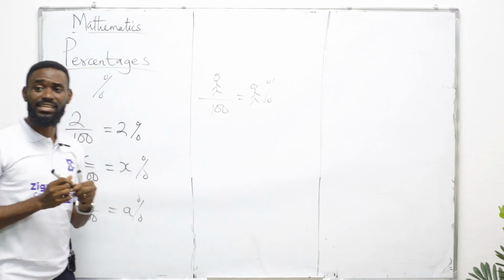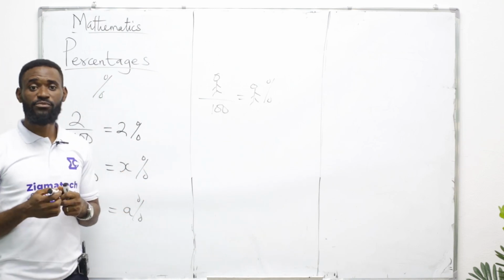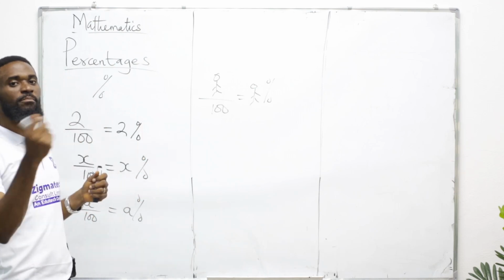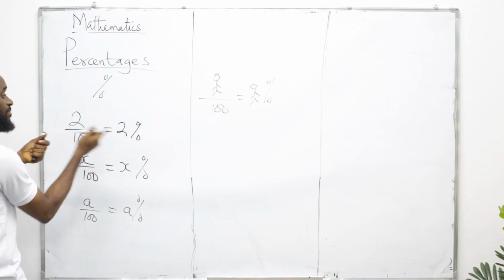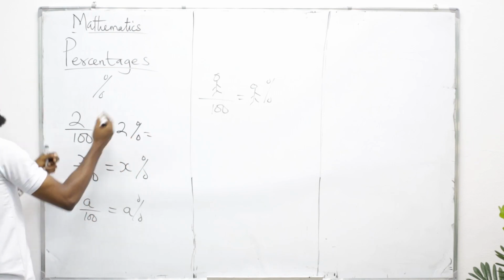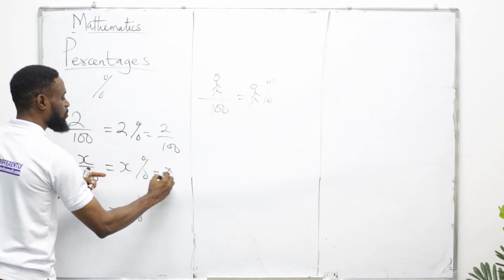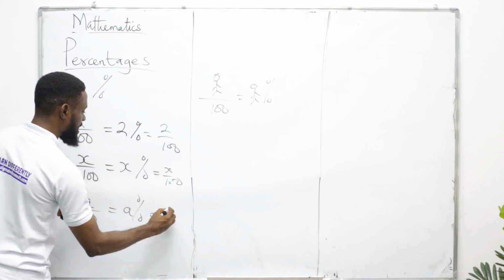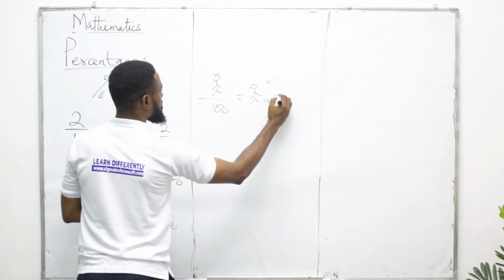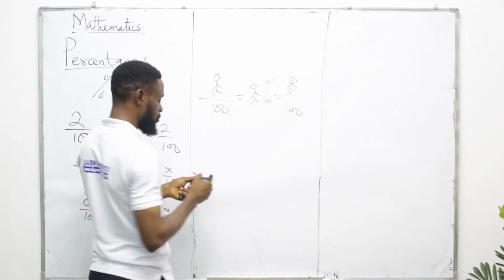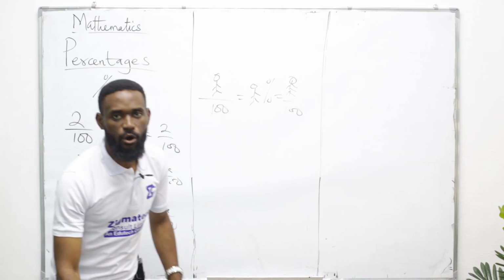So if you have any number and there is a percentage sign attached to it, it is that number percent. What this also means is that anywhere you see 2%, it means 2 over 100. Here means what? X over 100. This is A over 100. So you must understand all that, okay?